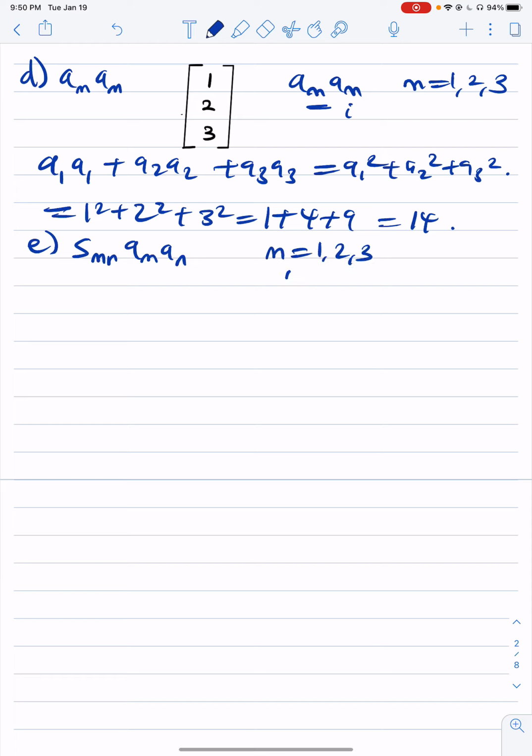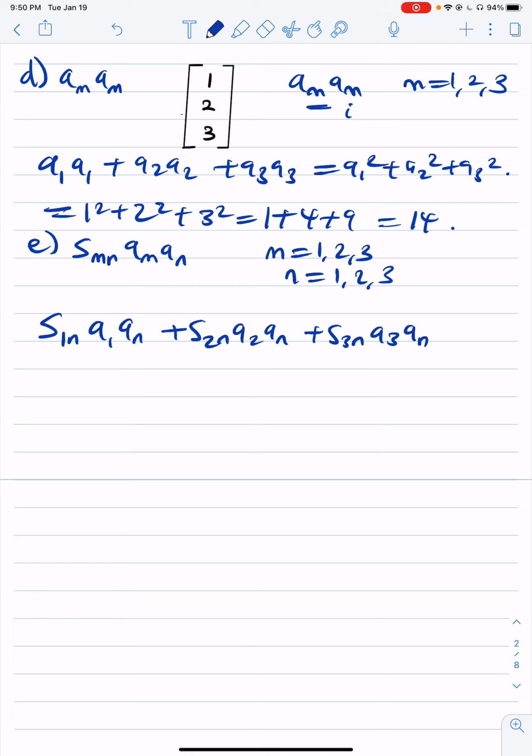Then when we're done with M, we pick N as 1, 2, and 3. Let's say M is 1, so it will be S1N A1 AN plus S2N A2 AN plus S3N A3 AN.